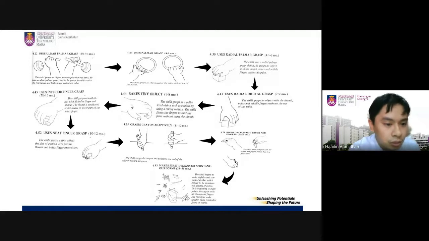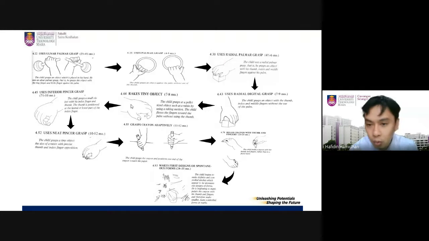Seterusnya pada umur 7 bulan setengah hingga 10 bulan, kanak-kanak tersebut mula menggunakan inferior pincer grasp, yang mana kanak-kanak tu menggunakan dia punya thumb dan juga index, okey.